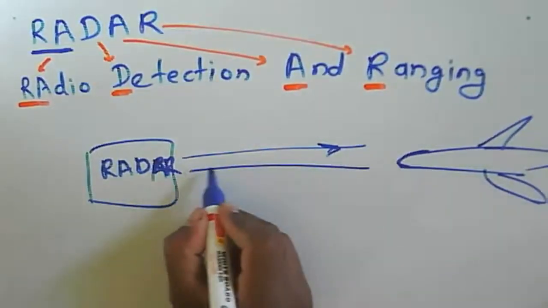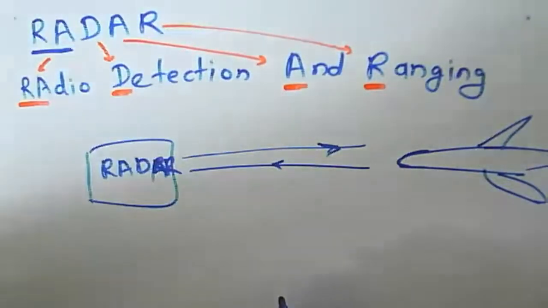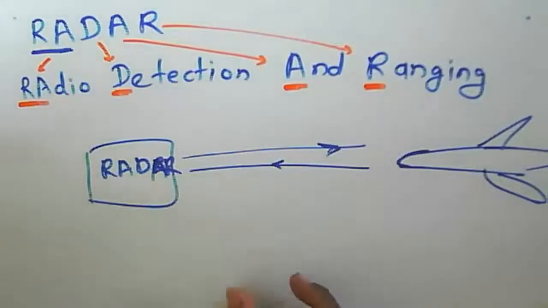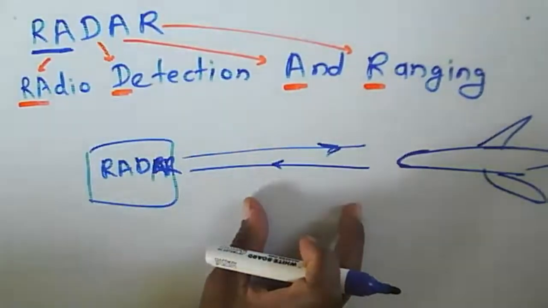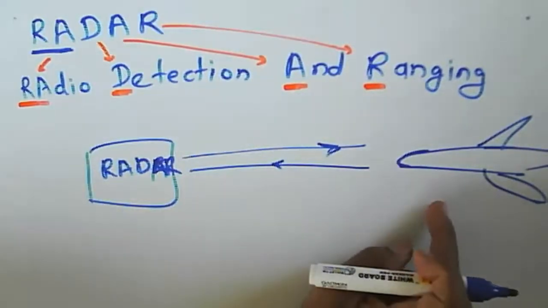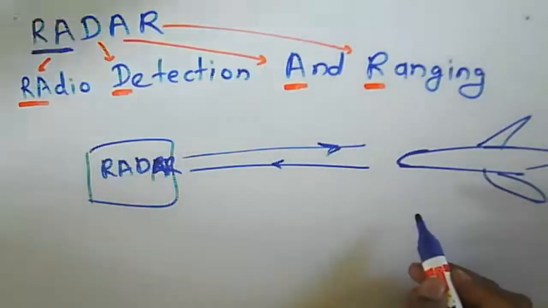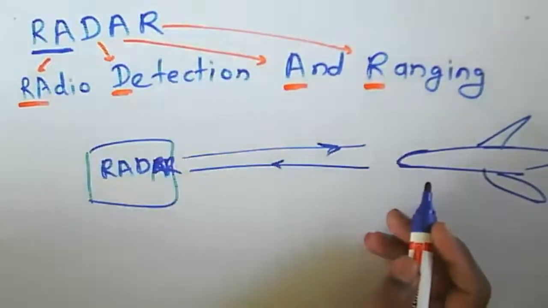Then this object will reflect that particular signal. It transmits an electromagnetic signal to the object, the aeroplane, and then the object reflects those electromagnetic waves.